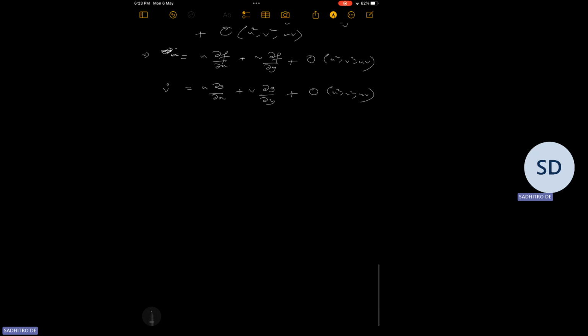Similarly, one can find v dot, which will be given by the same expression with the second function, plus higher order terms. So therefore, we can write these two equations together in terms of a single matrix equation.